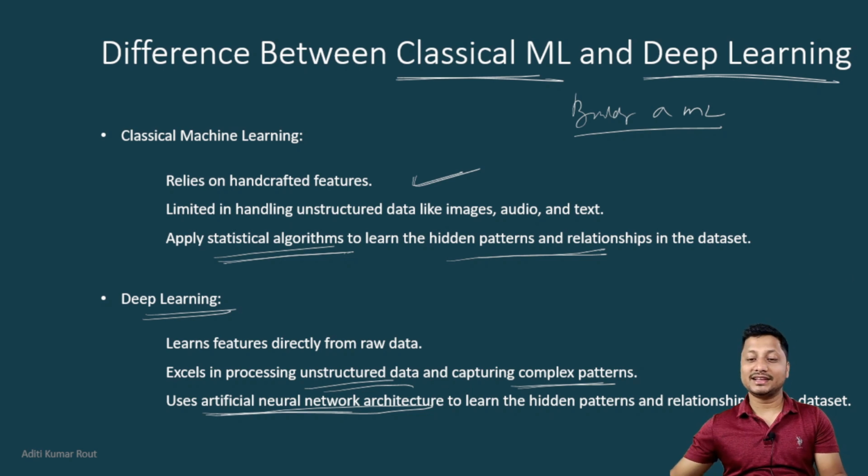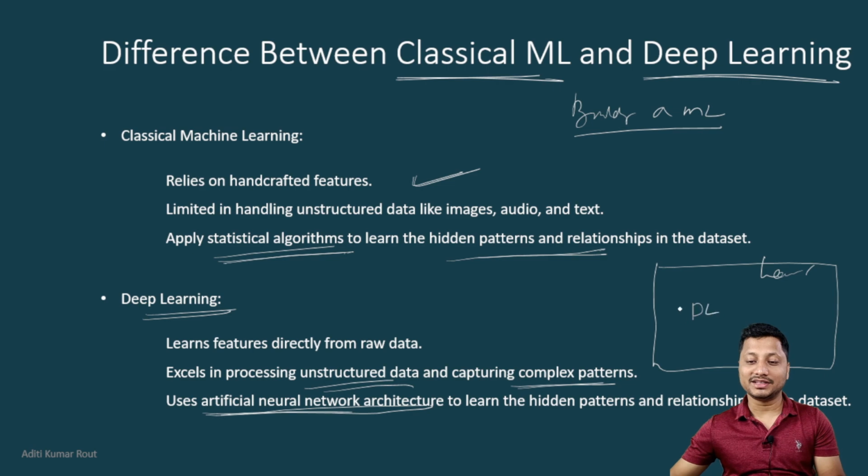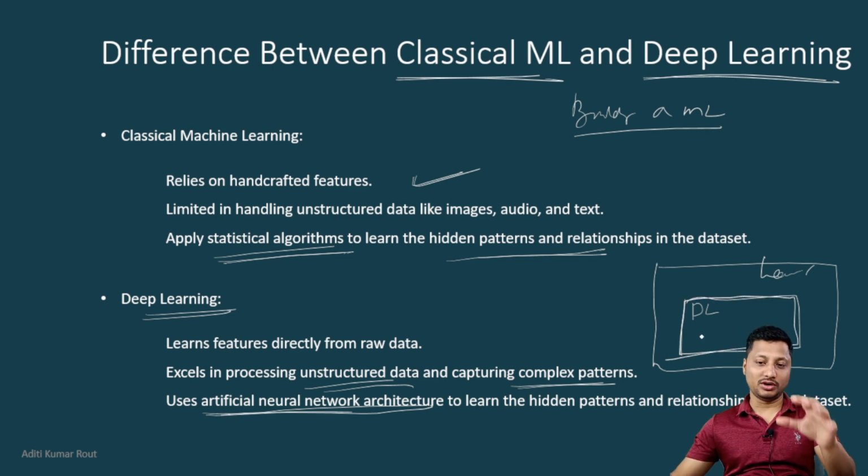If machine learning is a complete picture of the learning, then deep learning is a more thorough learning, from complex data where our classical machine learning model may fail. This is the difference between classical machine learning and deep learning.